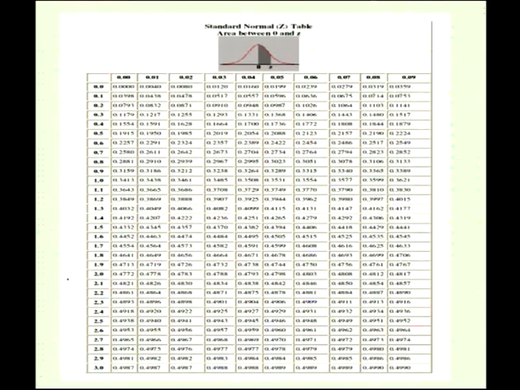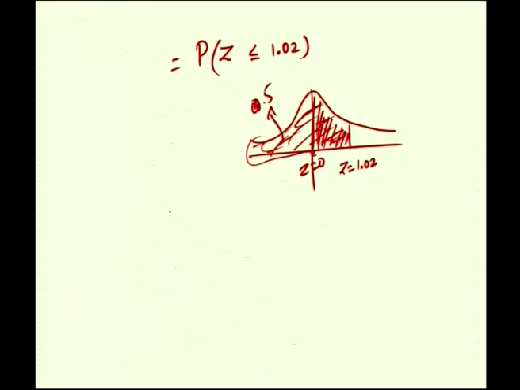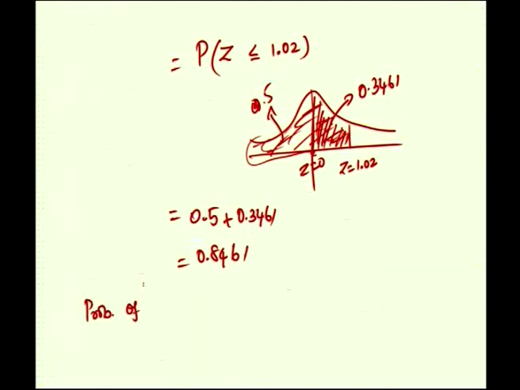For Z equal to 1.02, the value is 0.3461. So, the required area is 0.5 plus 0.3461, which is equal to 0.8461. So, this is actually the power of the test.